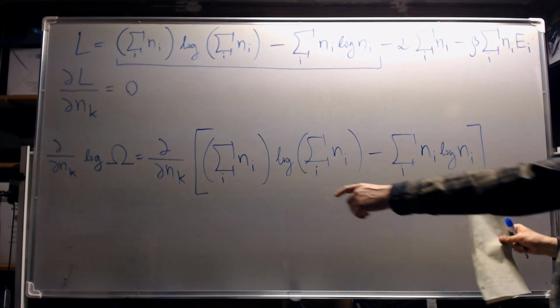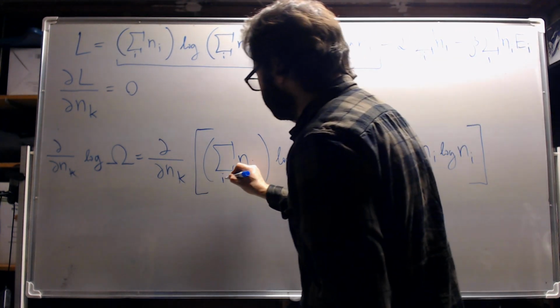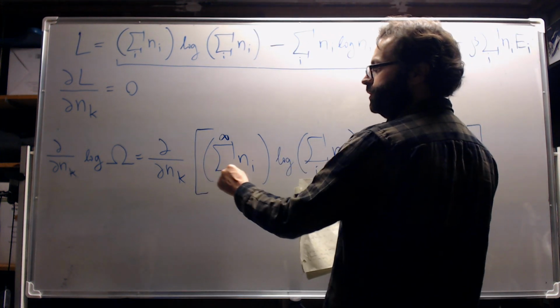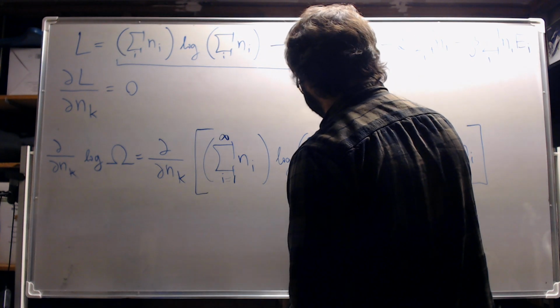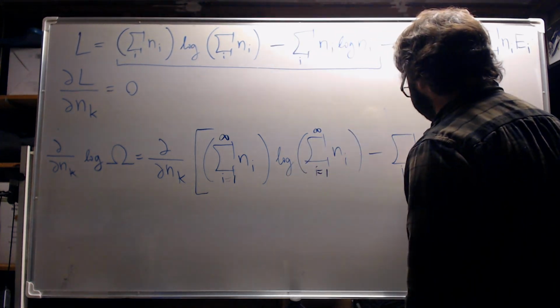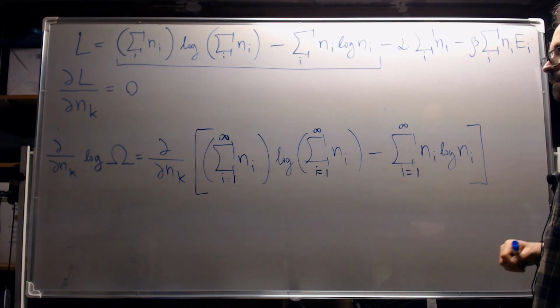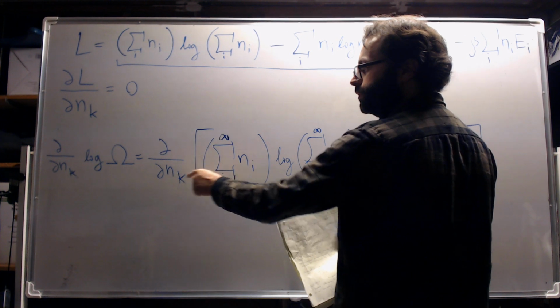We're taking a derivative with respect to some specific n sub k. This runs over all the possible values of i. Somewhere in the sum there will be an n sub k. This is also running over all the possible microstate indices. And so somewhere there is an n57, n sub 57, or n sub k.